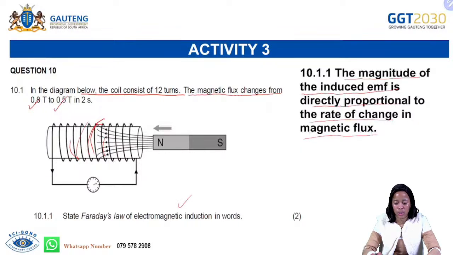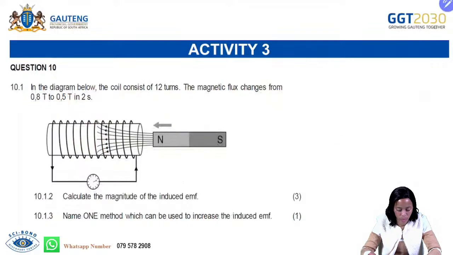So meaning that if we increase the rate of change of the magnetic flux, the EMF that is produced will therefore increase there. Okay.